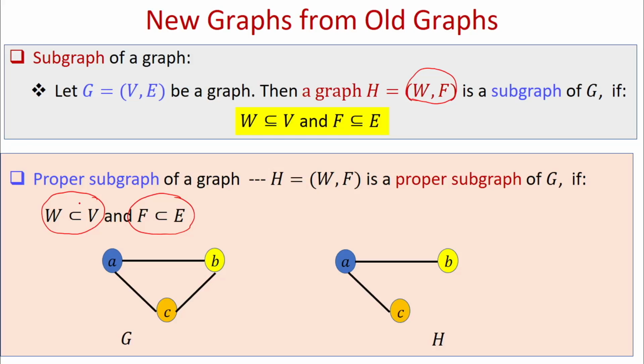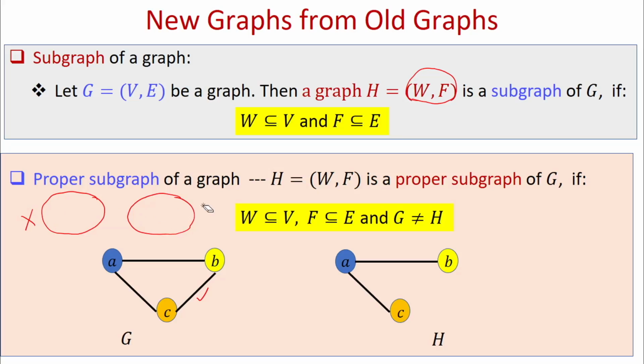So this condition that W being a proper subset of V is not satisfied. So as per this definition, I will say that H is not a proper subgraph of G, but this is a proper subgraph of G because there is something extra in G which is not there in H. Namely, the edge between the vertices B and C is there in G, but that is not there in the graph H. So that means the definition that I gave here is not the correct definition.